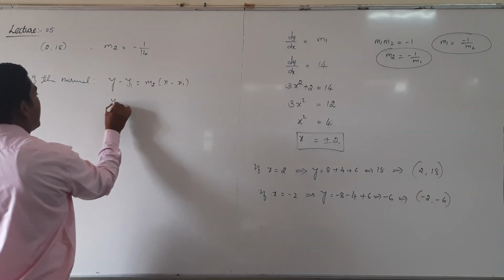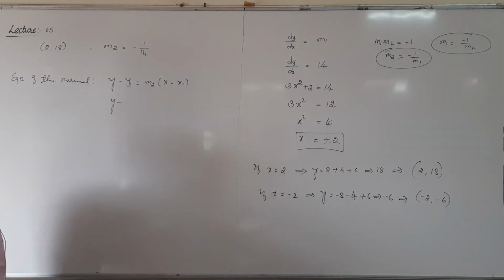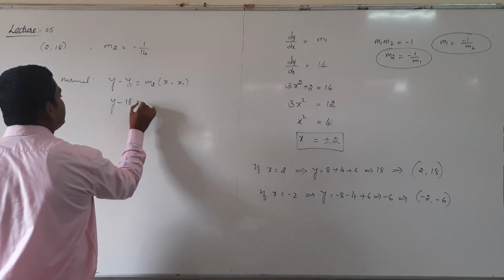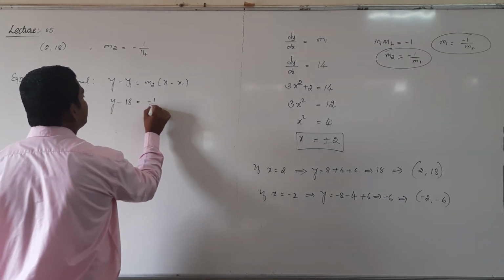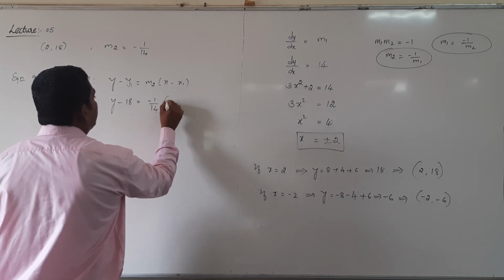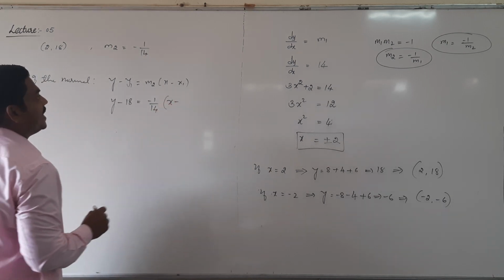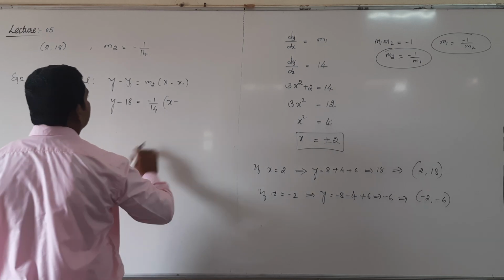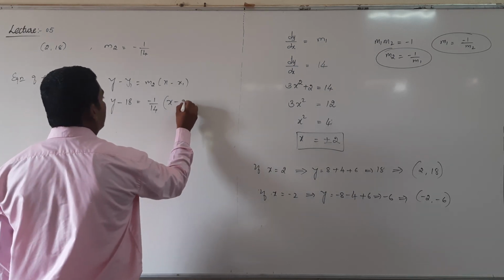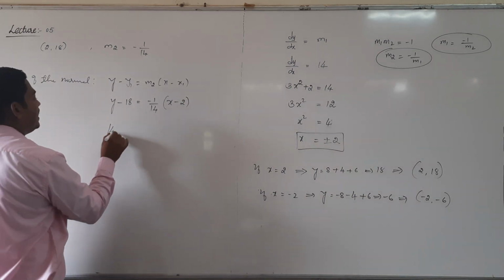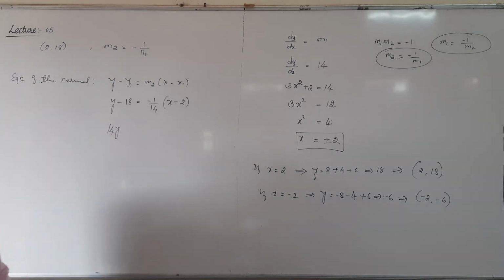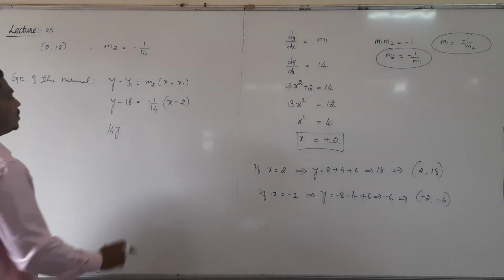Then y minus, what is y1 here? 18 is equal to, what is m2? Minus 1 divided by 14 into x minus x1. What is x1 in this case? 2 only.